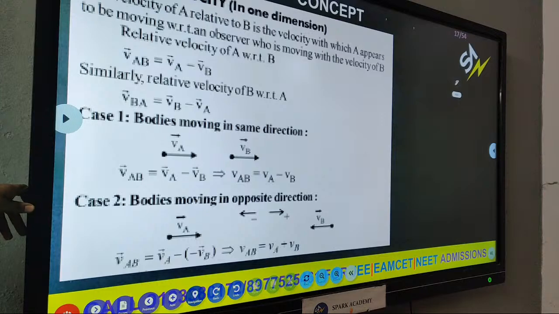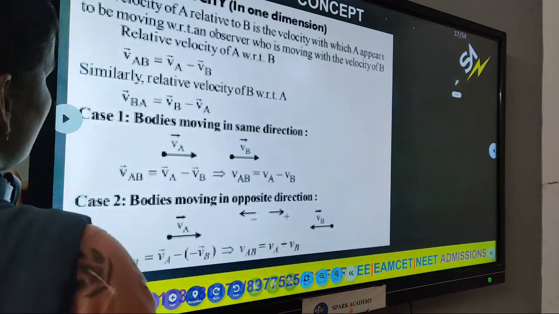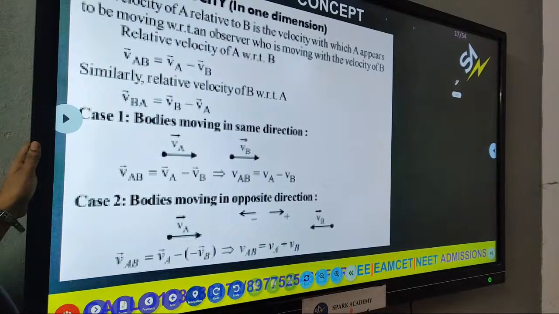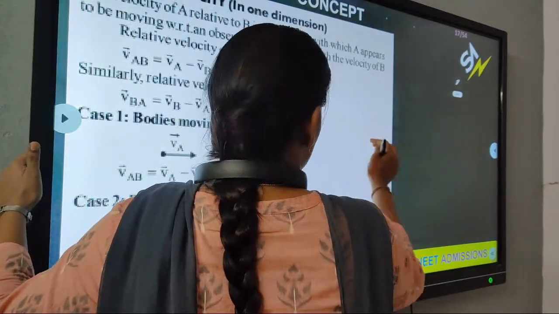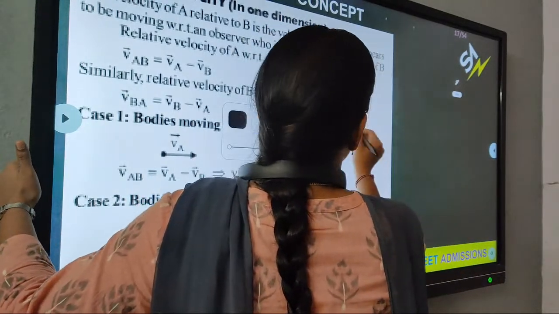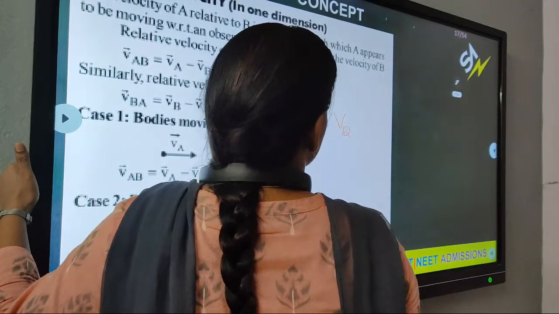Is that visible? Yeah. Here our concept is relative velocity in one dimension. Velocity of one object with respect to second object.